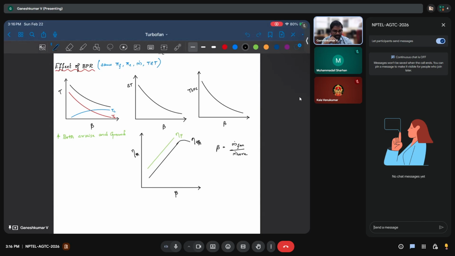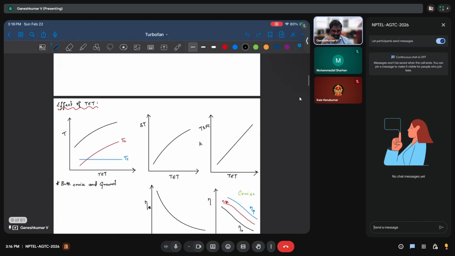The same goes with the thermal efficiency, but it reaches a peak because after that, the amount of fuel that you need to add in the core engine to sustain the thrust will be very, very high. That's why you see a very small drop after that. So these are the effects of bypass ratio.